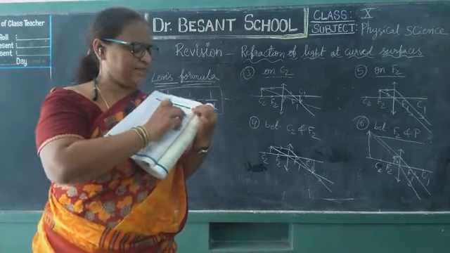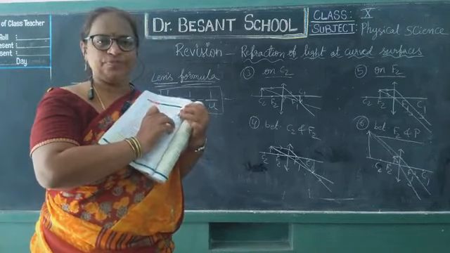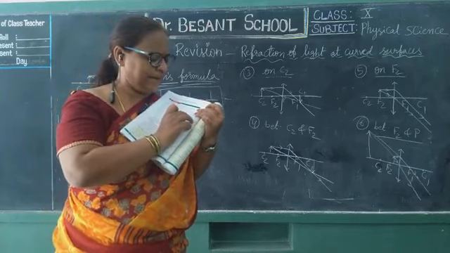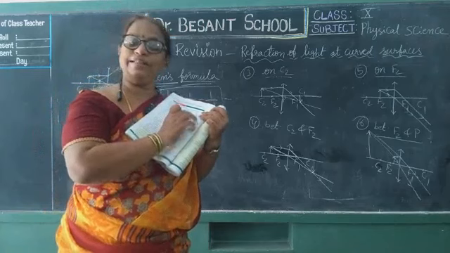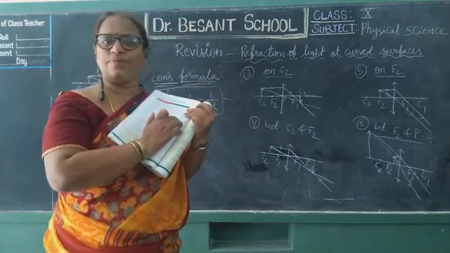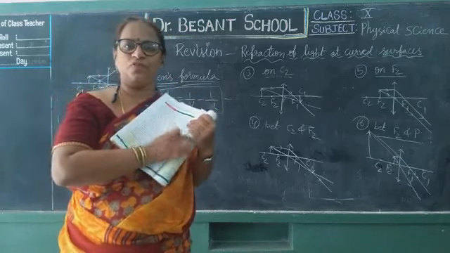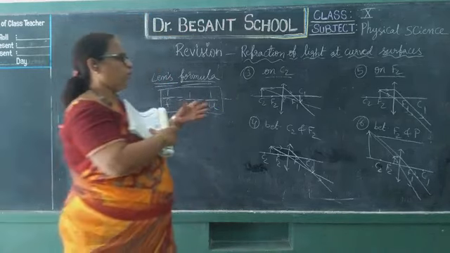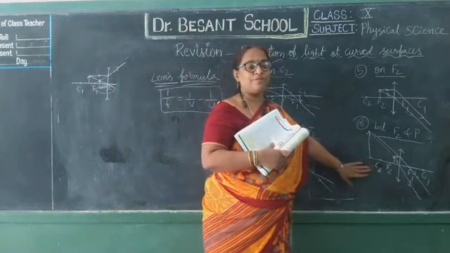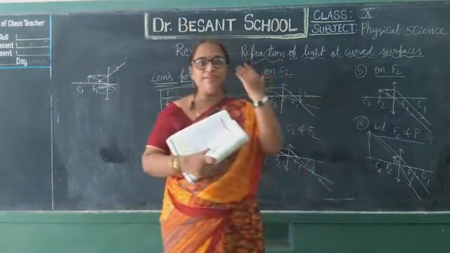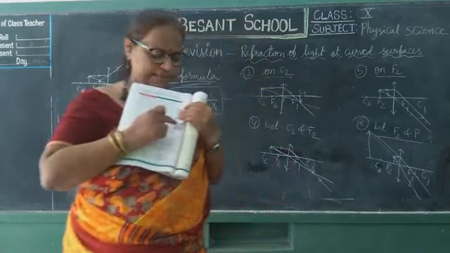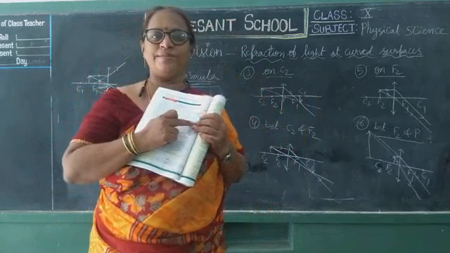Place this convex lens at a distance from the stone equal to the focal length or less than the focal length of the lens. Then can we see the stone through the lens or not? Because the object is on F or between F and P, it forms a virtual image which we can see with our eye. The image can be seen inside the lens. So you can see the stone through the lens.